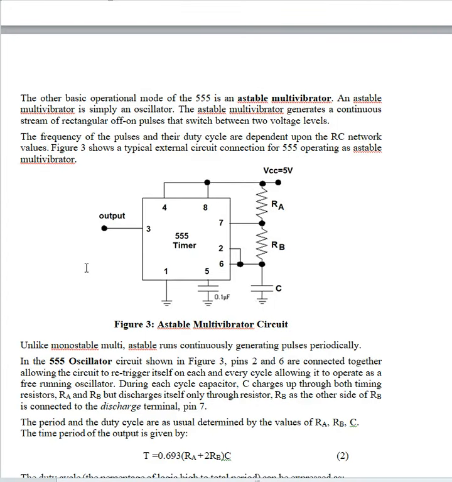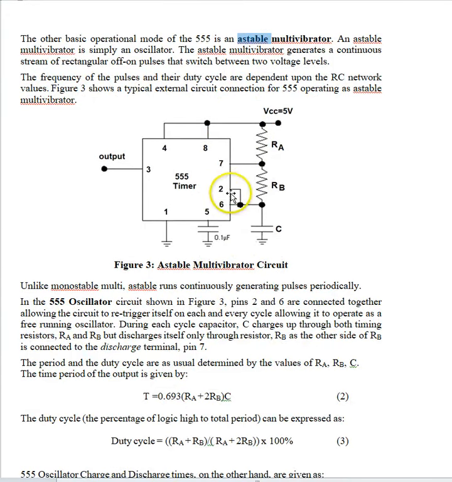We also want to create a pulse generator that is periodic instead of a single pulse. That's the astable mode. And you have a configuration where terminals 2 and 6 are tied together, so the circuit can retrigger itself and it keeps generating the pulses.